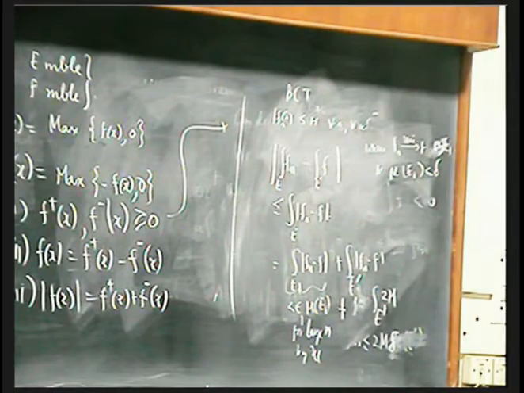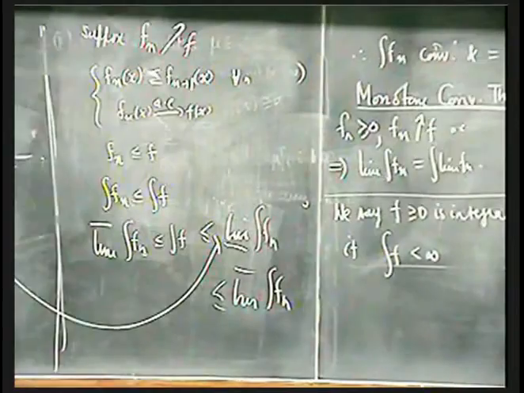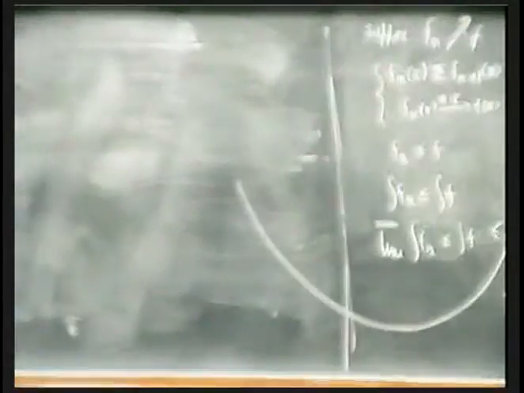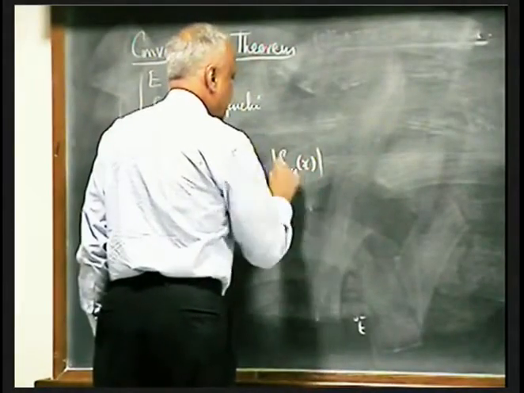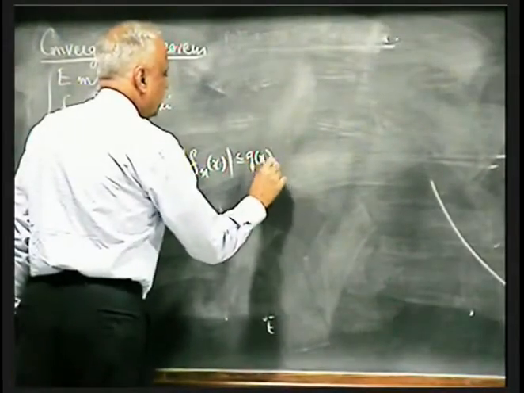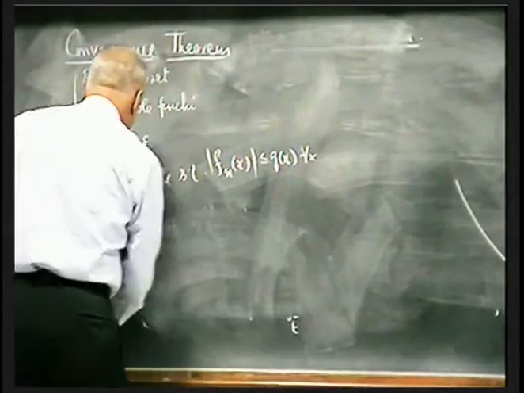So that's what the condition here is. There exists G integrable such that fn of x is less than or equal to G of x for every x. I don't know whether I want the modulus.